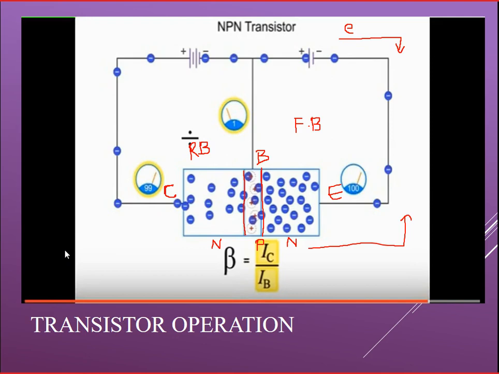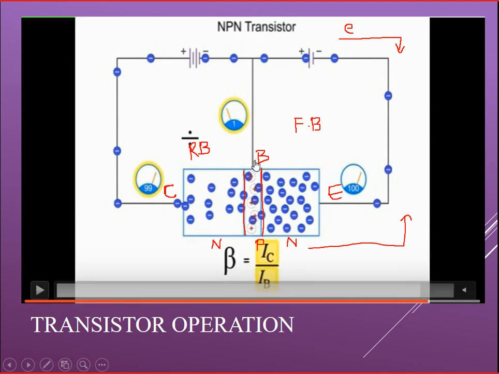Here the beta represents the amplification factor. Using the base I will give the input, and if I connect a DC voltage to the collector, I get more current. The base input is very small, and the collector output is very high.